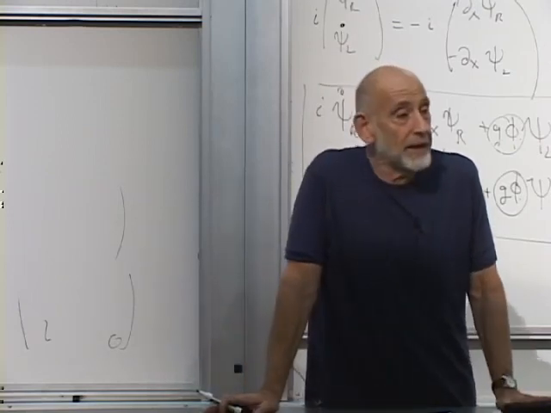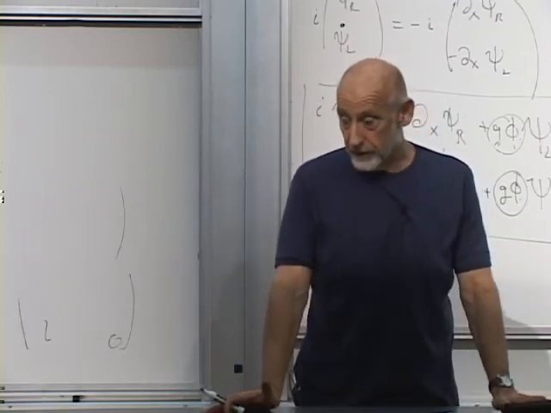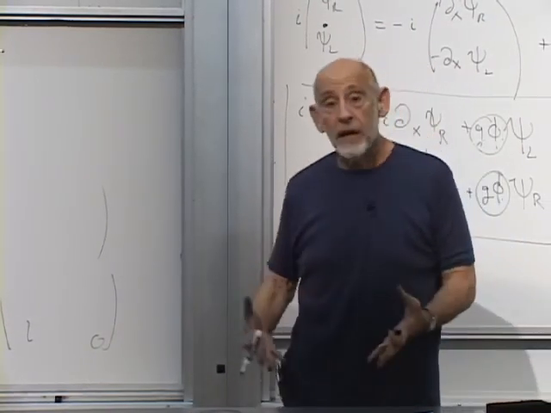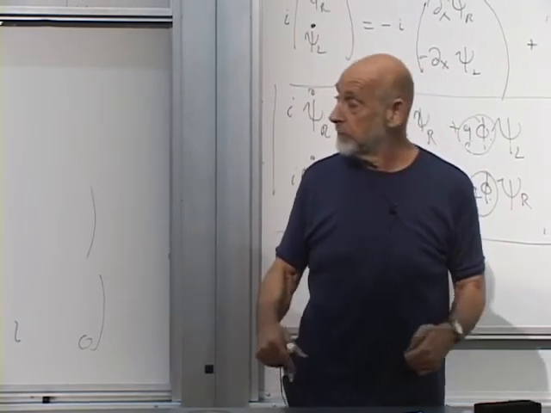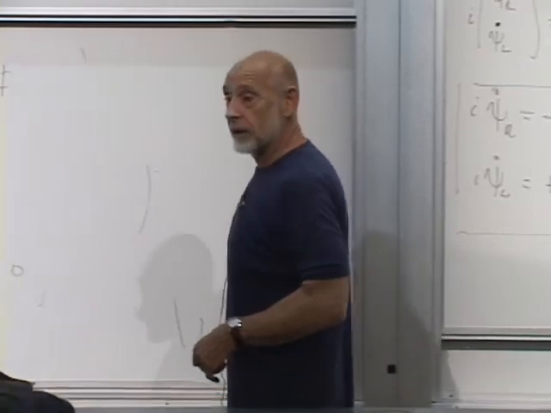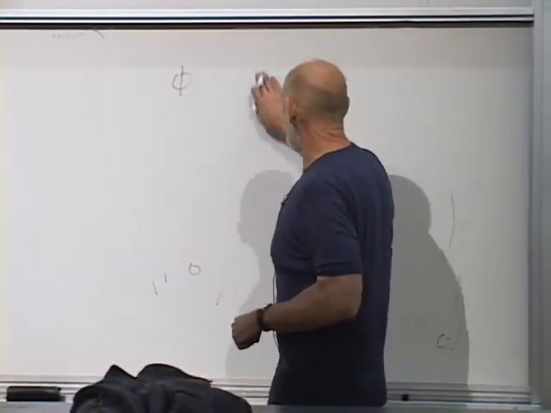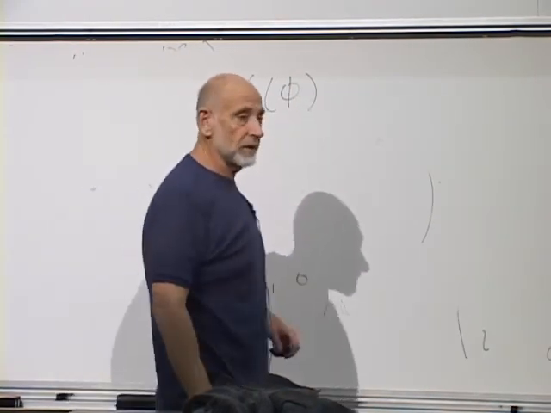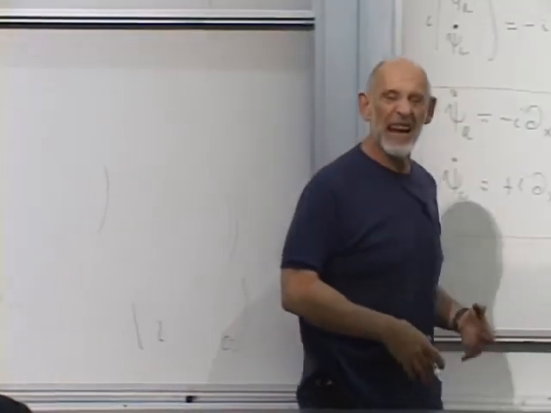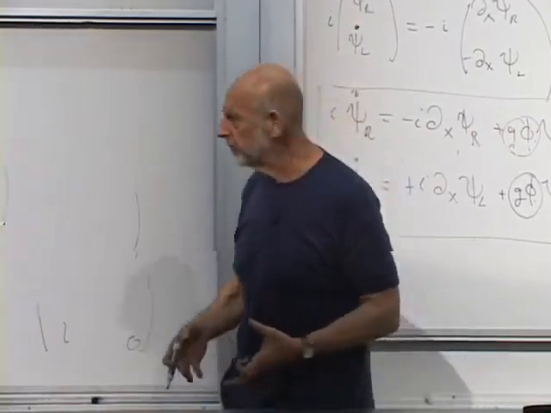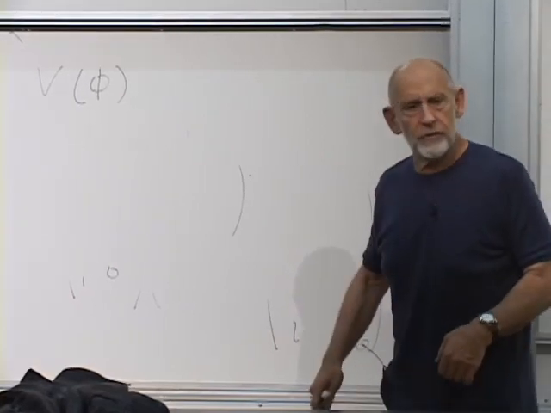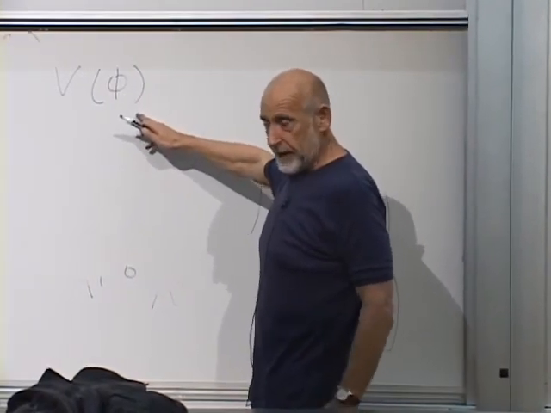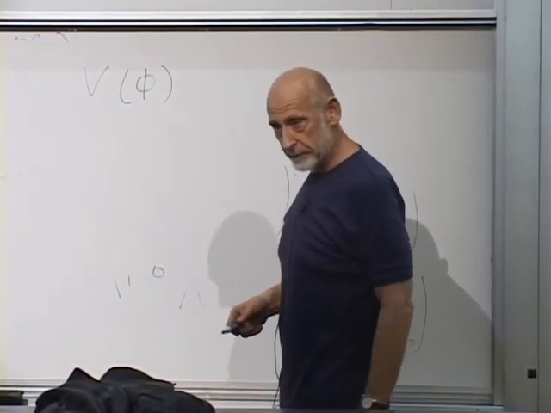Both are proportional to derivatives of the vector potential, so all of the energy is associated with gradients of fields. For a scalar field, you can have an energy called the potential energy of the field, V of phi. It does not depend on space derivatives or time derivatives. It's an energy density in the field. And unless you have some deep principles to guide you, this V of phi could be any reasonable function of phi.